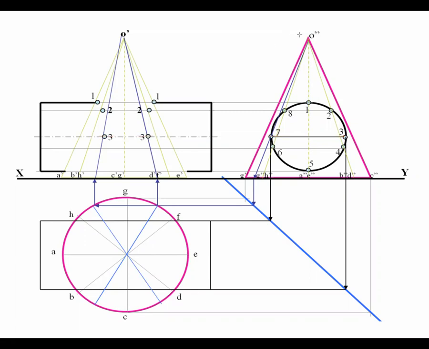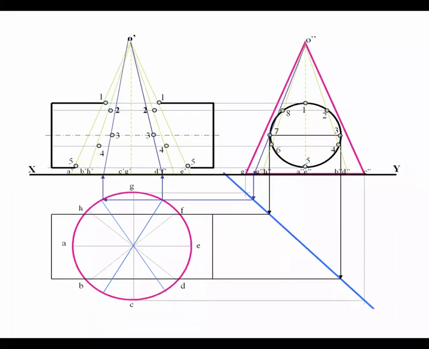Likewise, you have to mark point number 4 and 5 on the respective generator. You have to repeat the same procedure for point number 4 and 5, which we did for point number 1 and 2, isn't it? Just you have to match the projections, you have to match the points, you have to match the lines.